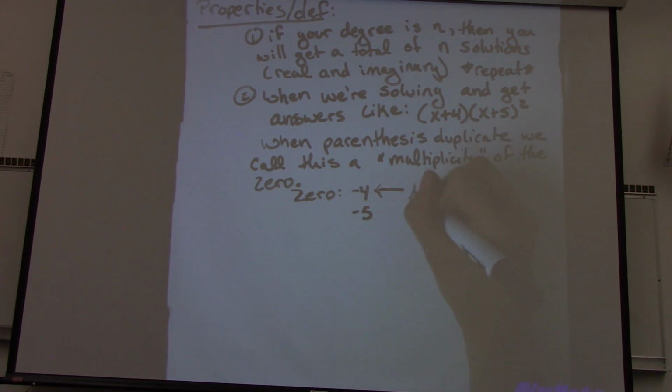So that multiplicity, the amount of times I got that, is a multiplicity of 1, because you only have that -4 once. But the -5, I have 2 parentheses with it, which means if I were to spread it out, you would duplicate that result. So this has a multiplicity of 2.